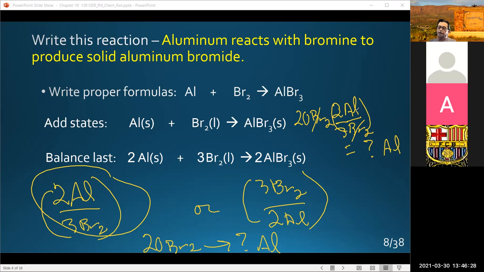Now it's 40 divided by 3 to tell me how many aluminum I have. So you see how that's set up, just like we did way back when with the conversion factors, keeping track of my units. Because eventually we're going to be using, like we did in the conversion factors, at least 3 conversion factors to get from point A to point B. And keeping track of your units by setting them up properly will get you to that point, okay? All right.